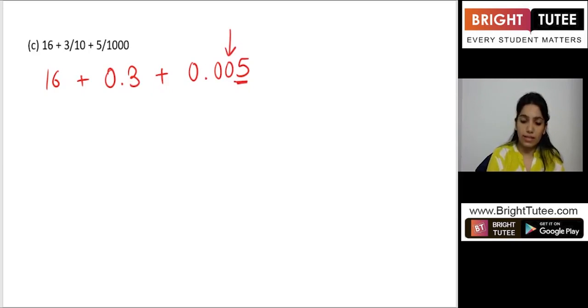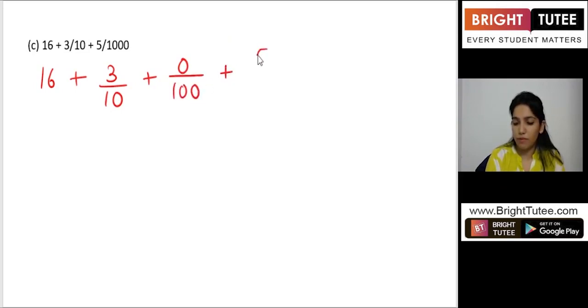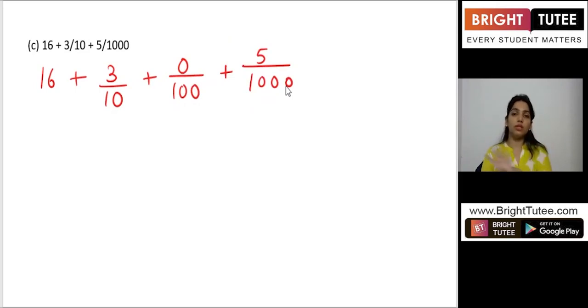So we haven't put anything at the hundredths place. Okay? Or else let's do this in some other way. When you see that there is nothing sitting at the hundredths place, what you can do to be even more careful with the numbers, write 16 plus 3 over 10 plus 0 over 100 plus 5 over 1000. So now this way you can be even more clear that you don't have any number sitting at the hundredths place.